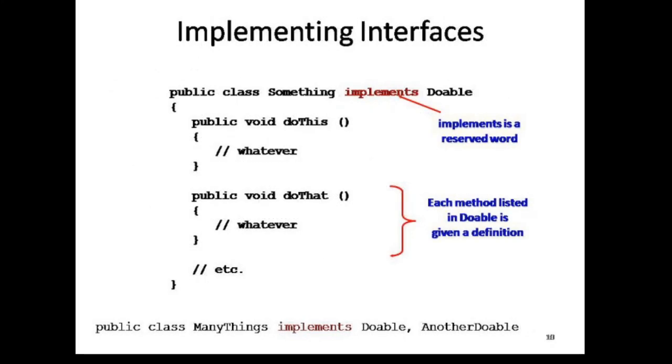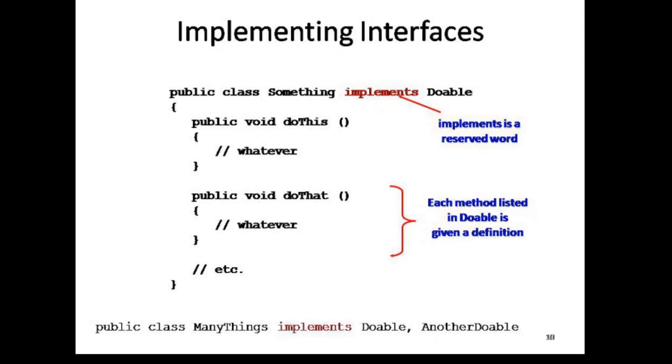Now, how to implement interfaces? First of all, we make a class declaration like public class something. Here something is the class, and public class something implements doable. So an interface is just like a contract between the class and the interface. That is, the class promises to define or give the body of each and every method that is declared inside the interface.